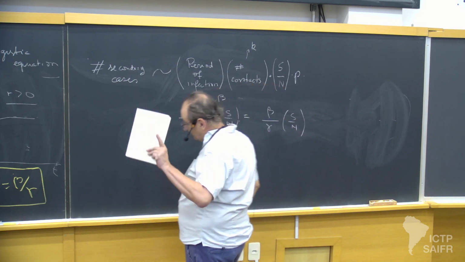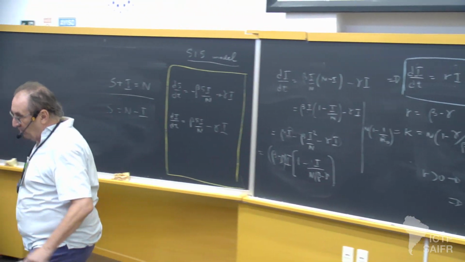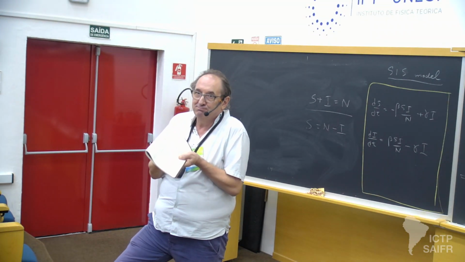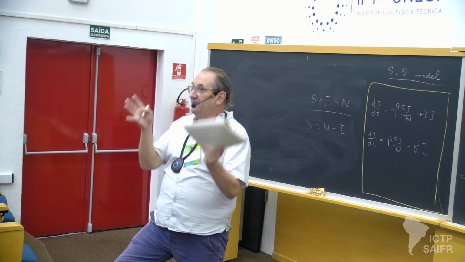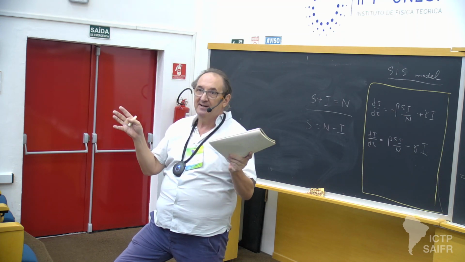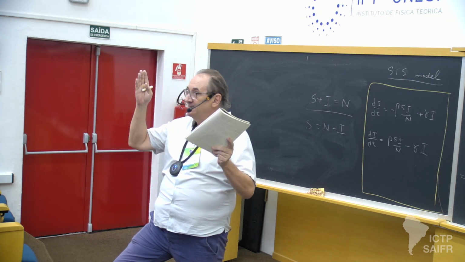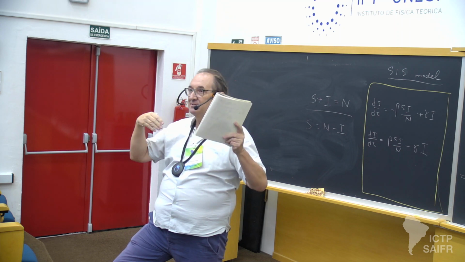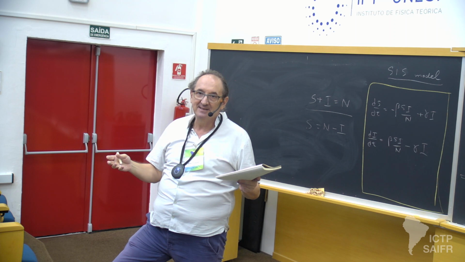Now, I should have been more precise with my question. I want to know the number of secondary cases which are created by a primary case at the beginning of the epidemic, at the very beginning. And at the very beginning, the population S is more or less equal to N. Okay? You have a population of 1 million, you have introduced 3 infective guys.